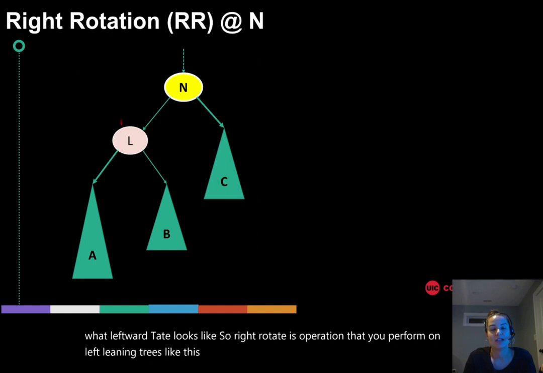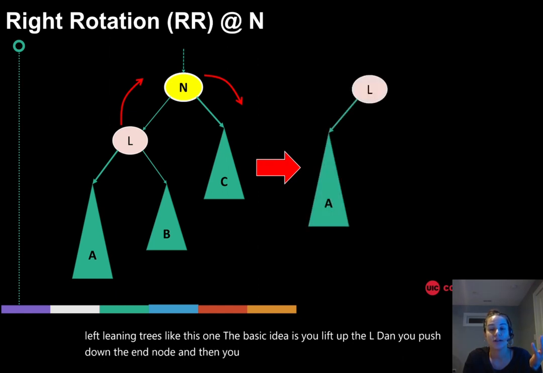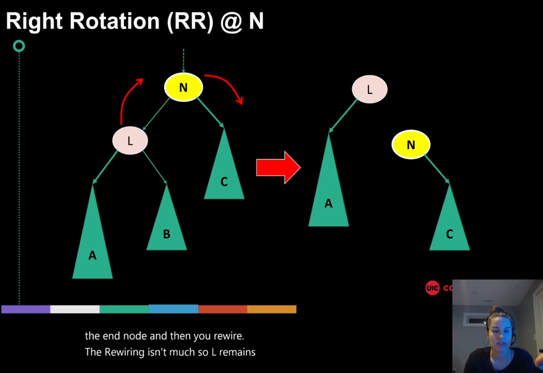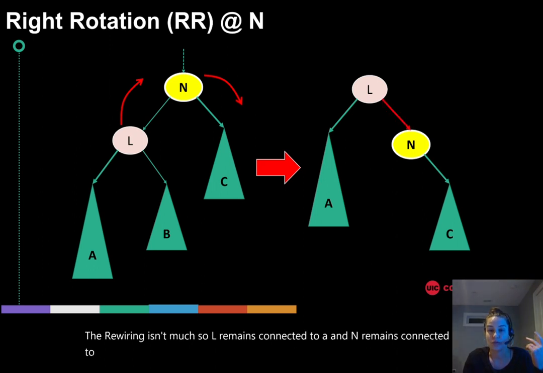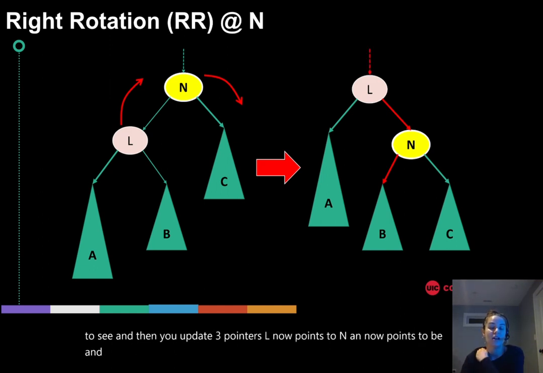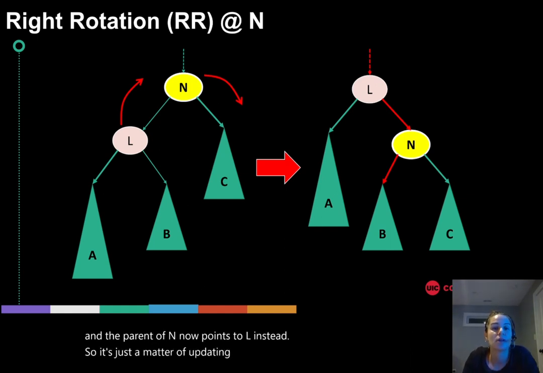The basic idea is you lift up the L node and you push down the N node and then you rewire. The rewiring isn't much, so L remains connected to A and N remains connected to C, and then you update 3 pointers. L now points to N, N now points to B, and the parent of N now points to L instead. So it's just a matter of updating these 3 pointers.